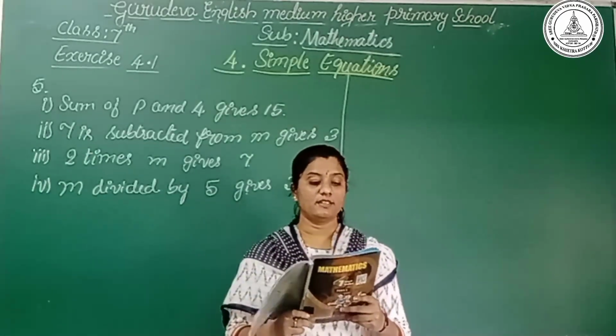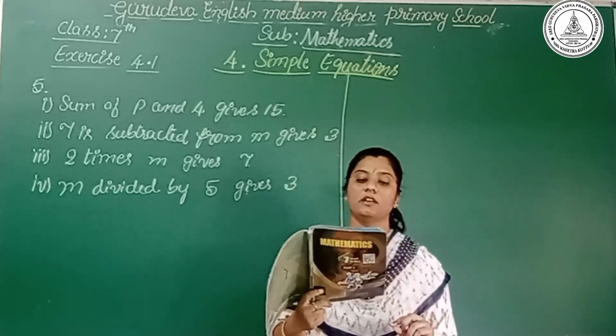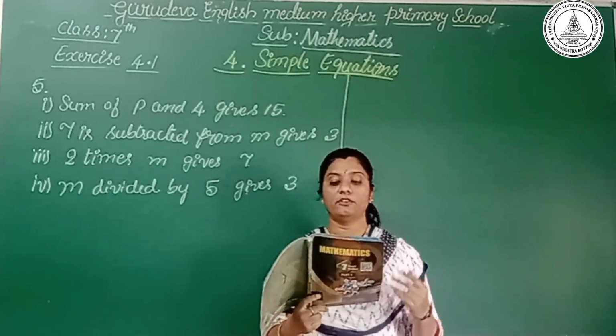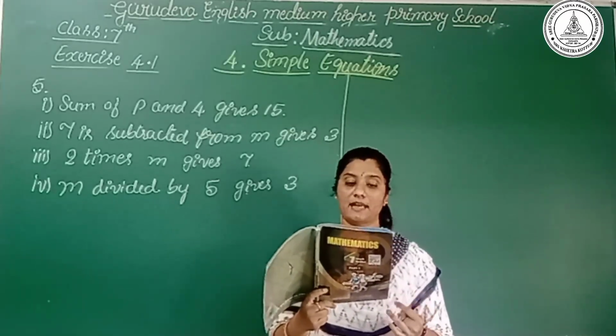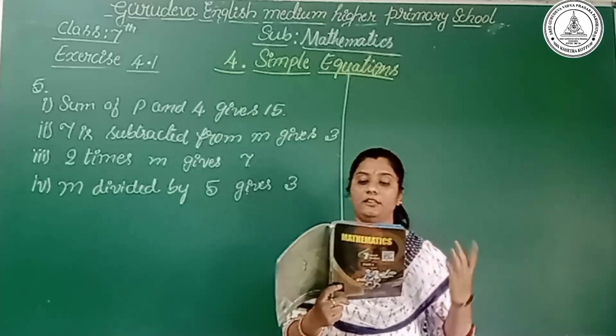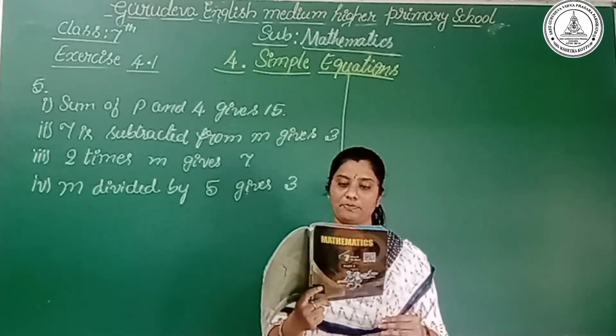The sixth question is: set up an equation in the following cases. In that, the first question is: Ravi says that he has 7 marbles more than 5 times the marbles Parmit has. So if Ravi has 37 marbles, then in the bracket they have given: take m to be the number of Parmit's marbles.